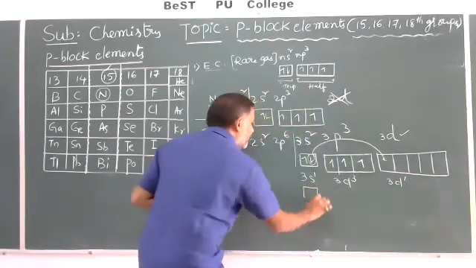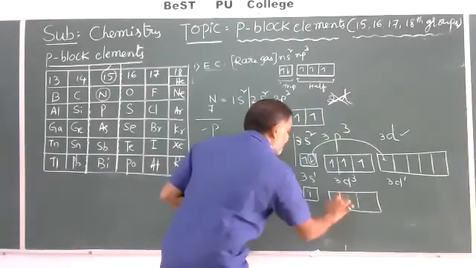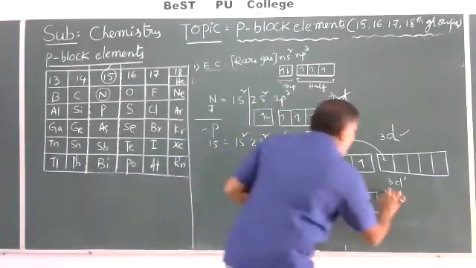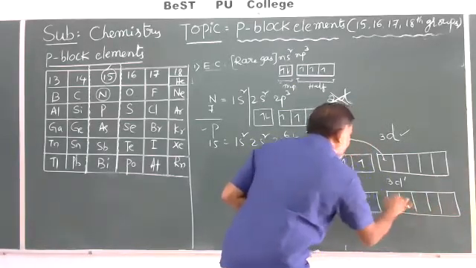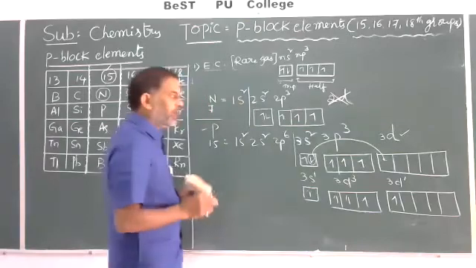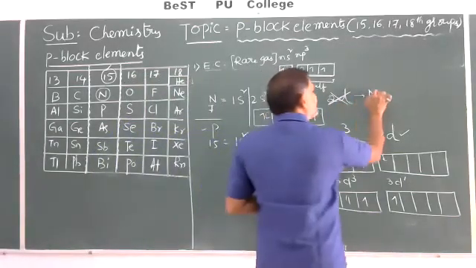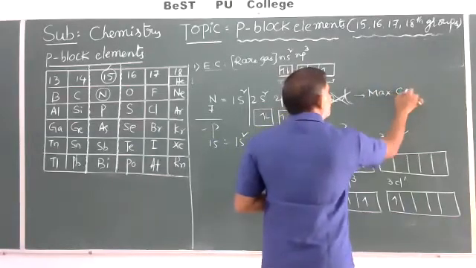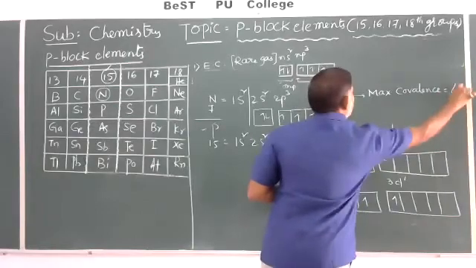Now the valence electrons are 5 only, there is no change, but the unpaired electrons are 5. That's why, for nitrogen, the maximum covalency is 4 only.